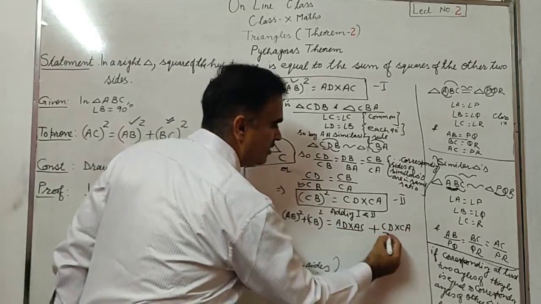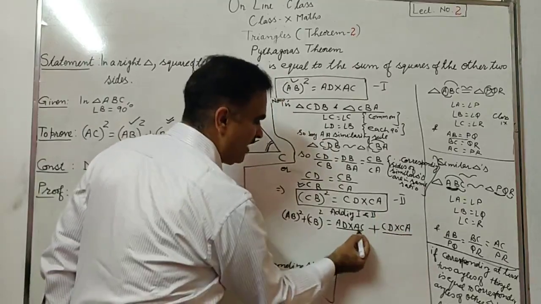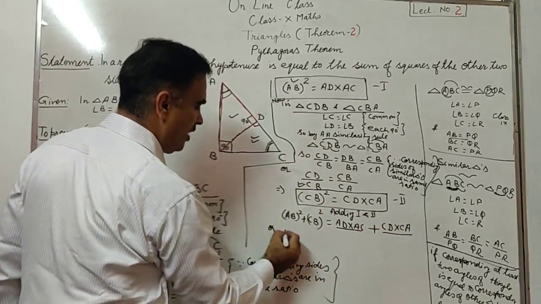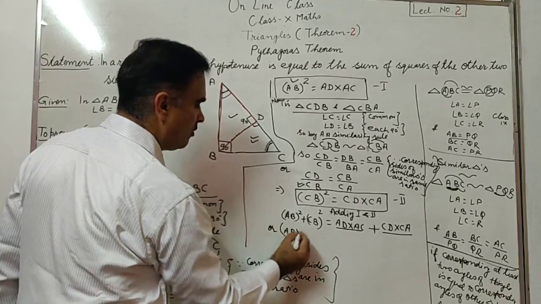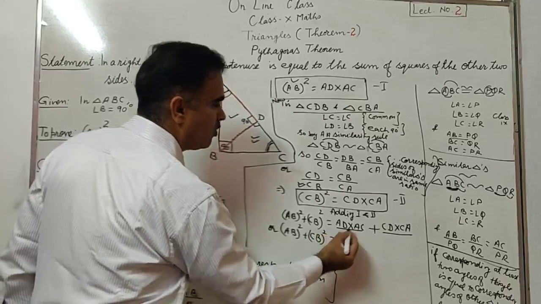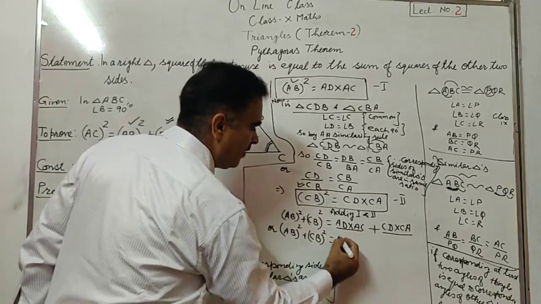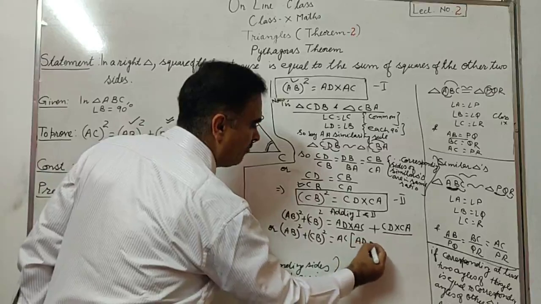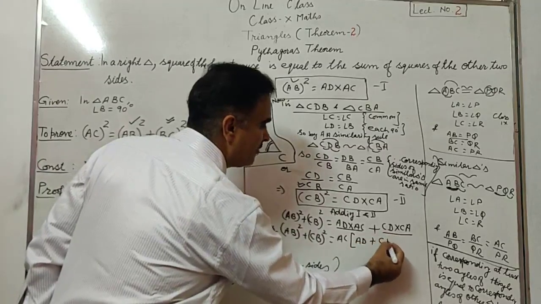Students, please see, in these two, what is common? AC or CA, it is the same. We can write AB square plus CB square equal to, take common AC, what is left? AD plus CD.